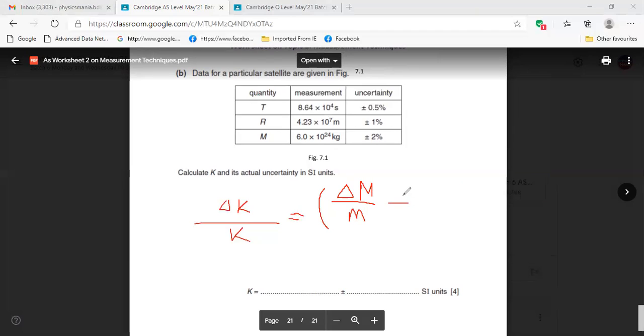plus, after del m by m, what did you get? T square. So it will be del t by t. In your formula there is 2 multiplied, 2 times del t by t.